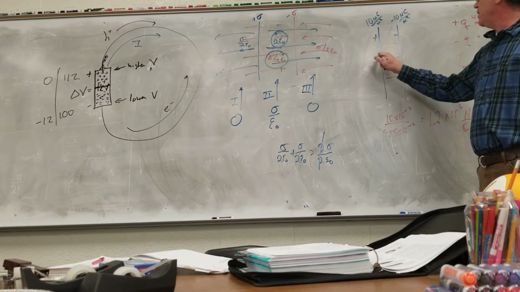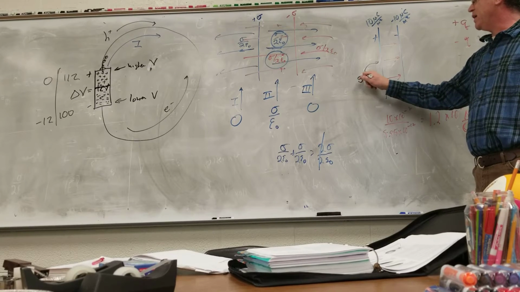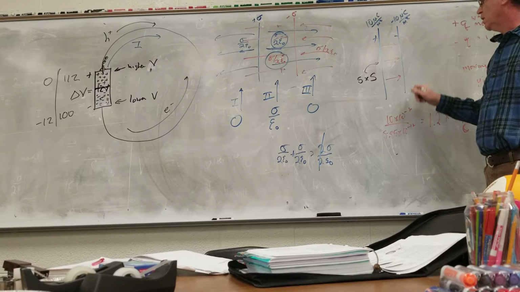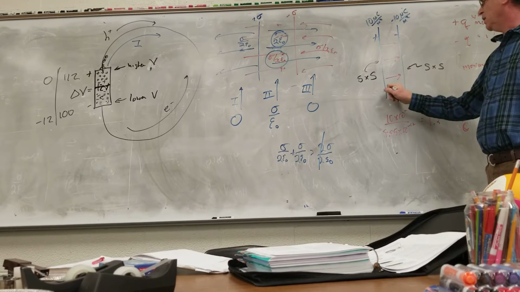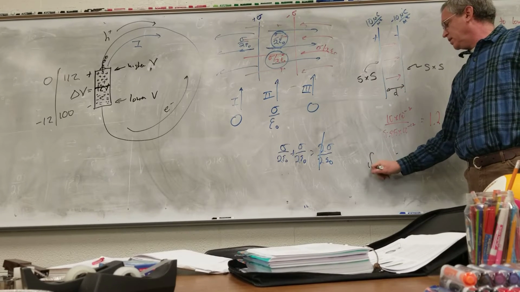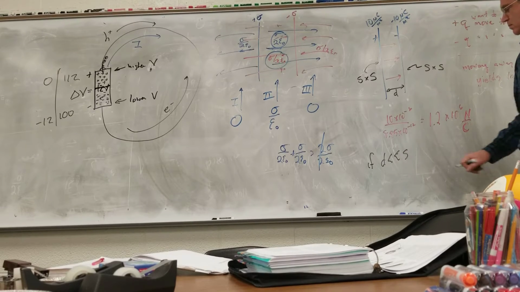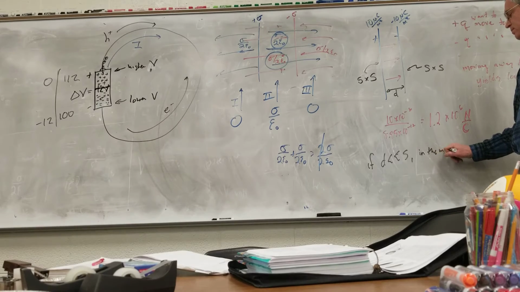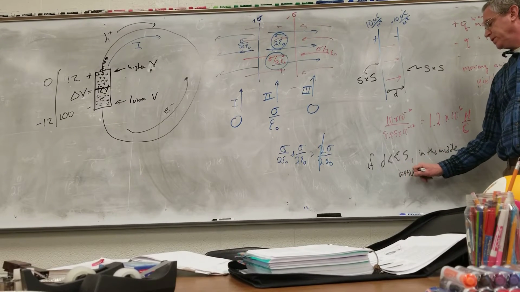So if this is S by S, so assume it's a square, and this is also S by S, and this distance here is D, then if D is much less than S, in the middle, assume infinite plates.